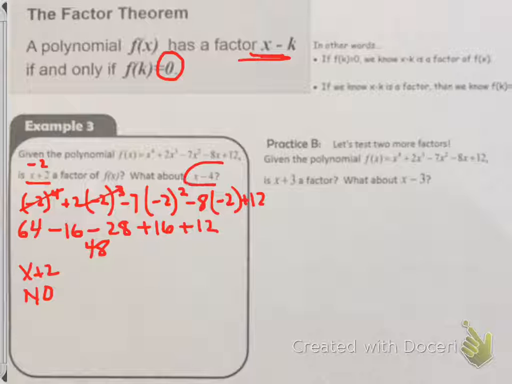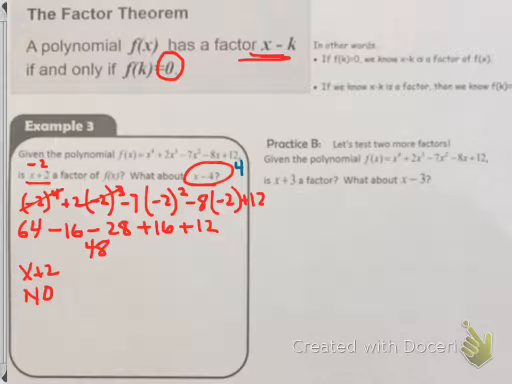Then it asks us to try x minus 4. In order to do that, we would put 4 into our exact same equation. I'm going to change colors here so that we can see the difference.